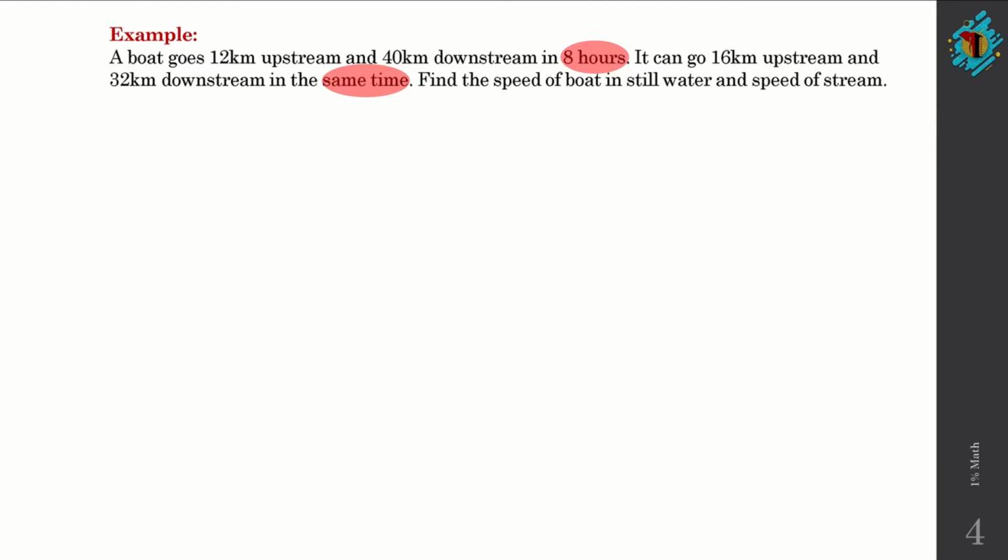So 8 hours is not only for upstream or downstream, it is the time taken for a boat to travel upstream as well as downstream together. And in the second sentence, it can go 16 km upstream and 32 km downstream in the same time. That means in the second sentence also, the time taken by the boat is 8 hours itself.